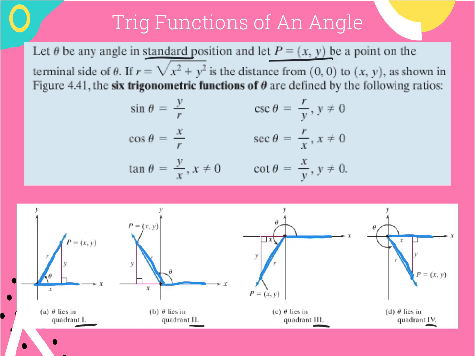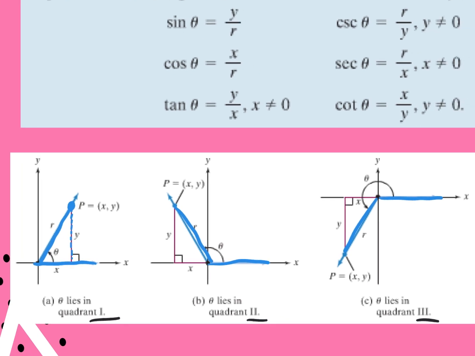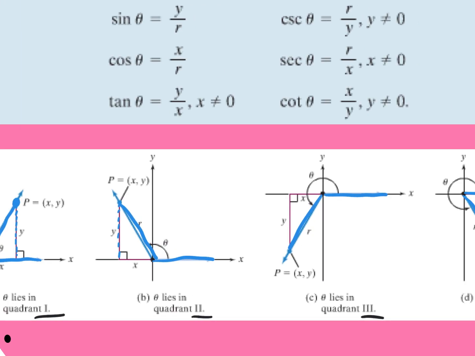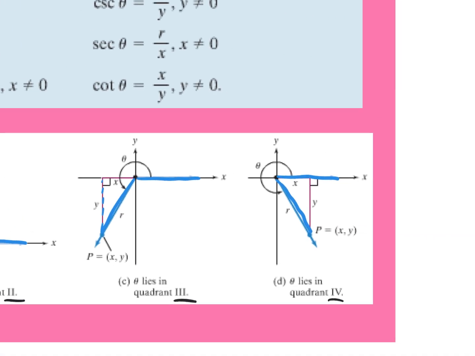And similar to how we drew those special right triangles in the coordinate plane, you can really draw any right triangle in the coordinate plane given a point x and y, right? So notice that if I draw a point right here and I connect that point to the x-axis, we get a little right triangle, and that's true for any quadrant.